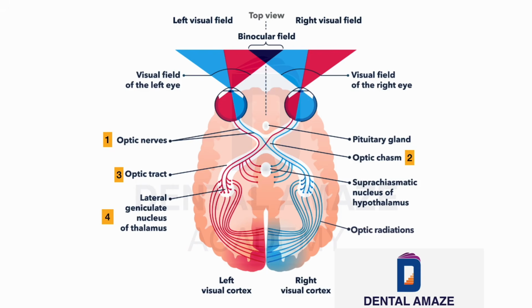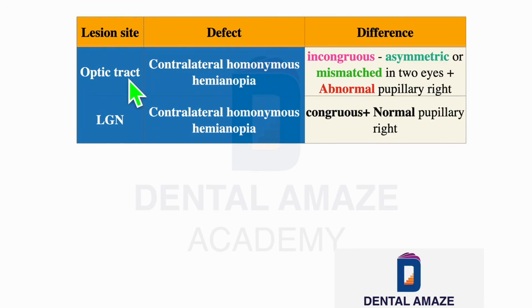So what it means is, if the lesion is in the optic tract, you have an abnormal pupillary light reflex, whereas if it's in your lateral geniculate ganglion, your pupillary light reflex is normal because the fibers have left your visual pathway route. I've made this a very asymmetric mismatch so that you can remember it. Why in the optic tract?